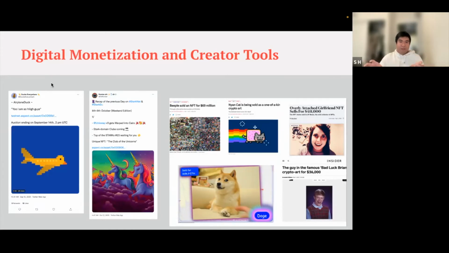He makes ducks out of the Brick protocol, which is like a Lego, and he sells these ducks to people. And then obviously other news aggregators, right? They aggregate a lot of information for StarkNet, and then he attaches an NFT to it, so he can also monetize his efforts.